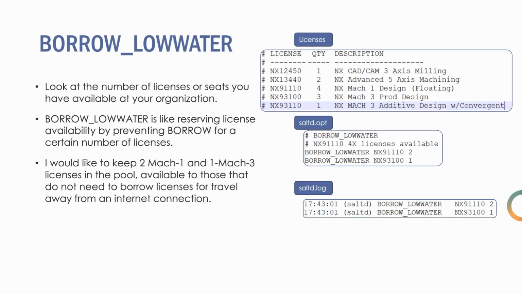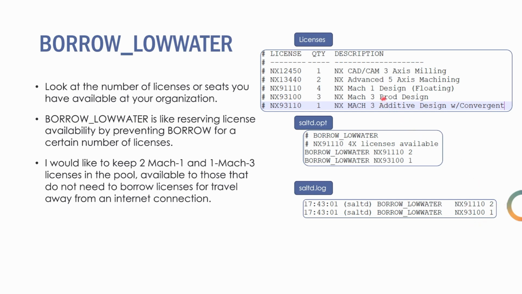Borrow low water is a great keyword. If I have 4 Mach 1, I want to make sure that if I do allow borrowing in my company, I have a couple left back home. So I set that to 2. And when I deploy the options file, I can see in the log file that that one is set to 2.